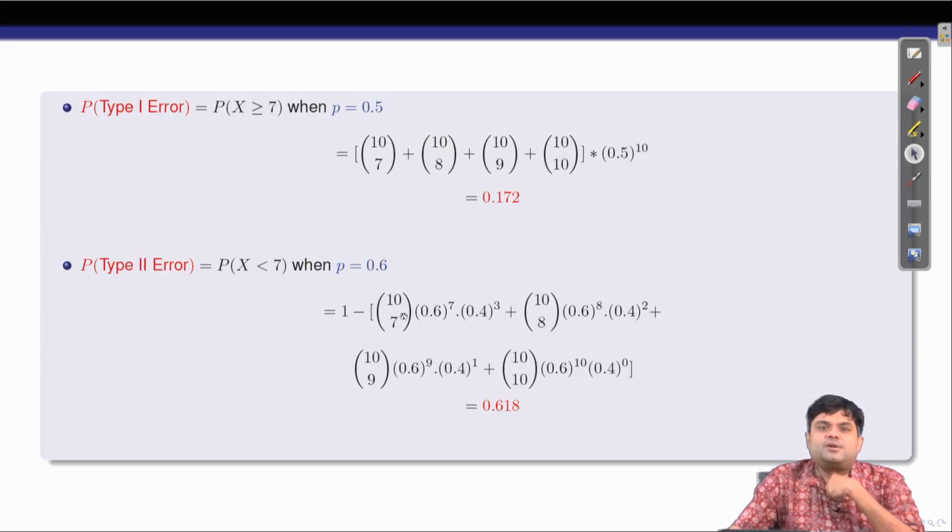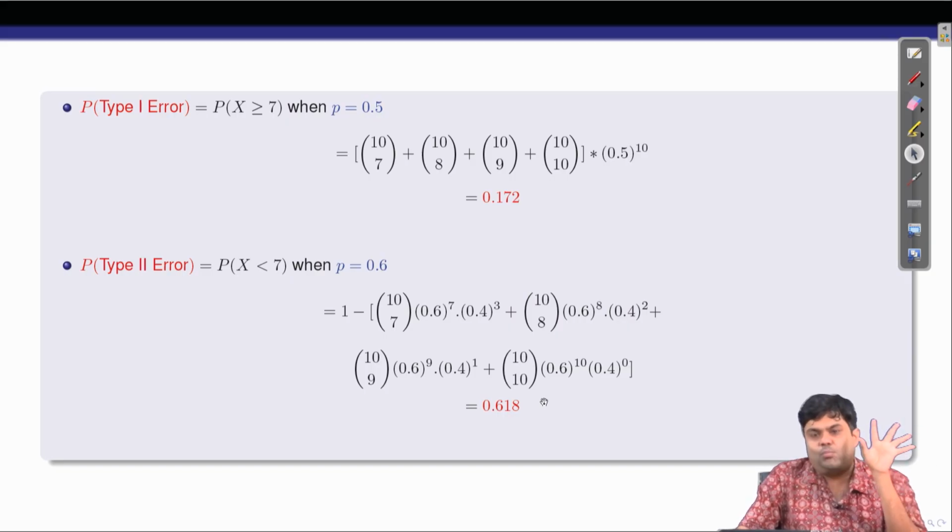So, you can calculate the probability of x = 7, x = 8, x = 9 and x = 10 and subtract it from 1. So, it will give you a type 2 error of 0.618. Note that the probability of type 1 error is fairly small, but the probability of type 2 error is more than 50%.